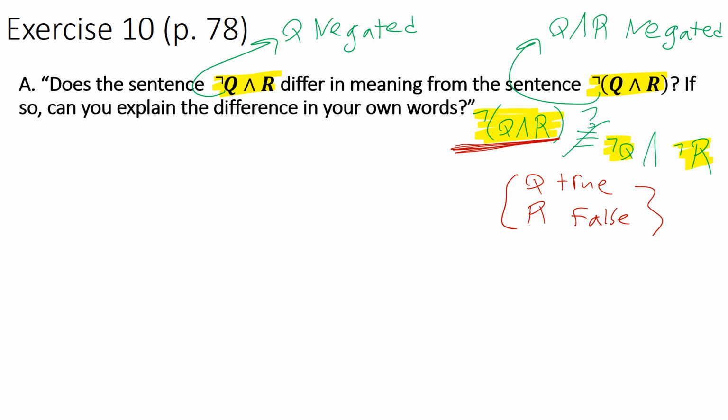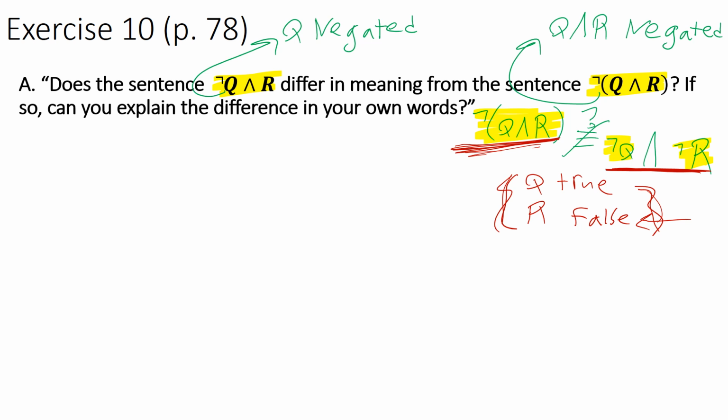Well, yeah, it fits. After all, R is false. But notice that this concrete example is not compatible with this right-hand side. Okay? It contradicts it. But we also know that this concrete example fits the left-hand side. So again, we know that the left-hand side and the right-hand side are not logically identical.